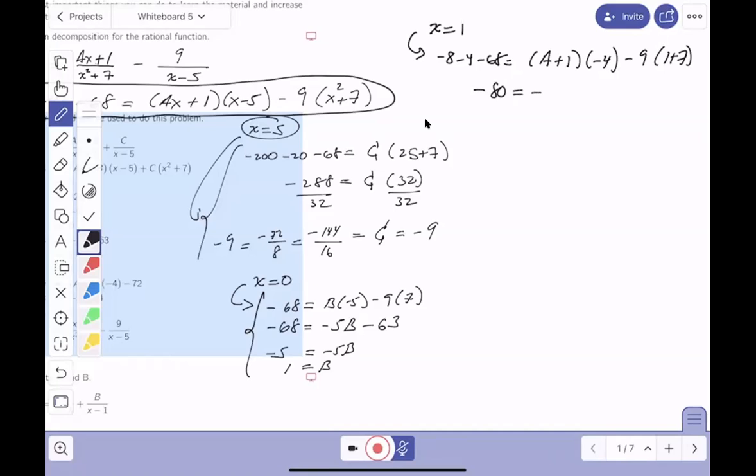And you get minus 4a, minus 4, and then you get minus, well, 7 plus 1 is 8, and minus 9 times 8 is minus 72. All right, so I'll keep going. Minus 80, minus 4a. This would be minus 76. I'm going to add 76 to both sides, and you get minus 4 equals minus 4a. Whoops, I made a mistake there.